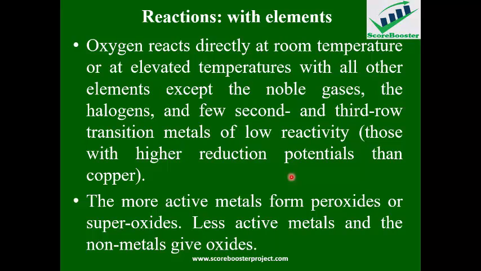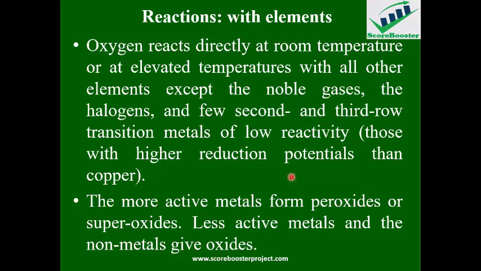Again, oxygen does not react with halogens. The more active metals form peroxide or superoxide. What we are trying to say is this: there are some metals that are very active, like sodium, potassium, calcium and magnesium. They are very active, so they form peroxides, like sodium peroxide and potassium peroxide, or superoxides.